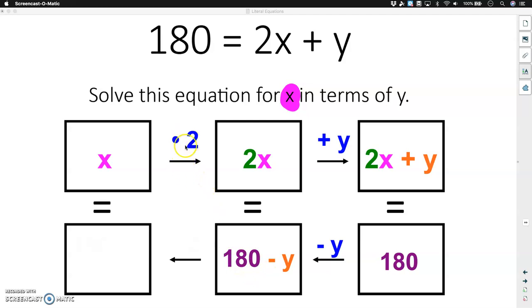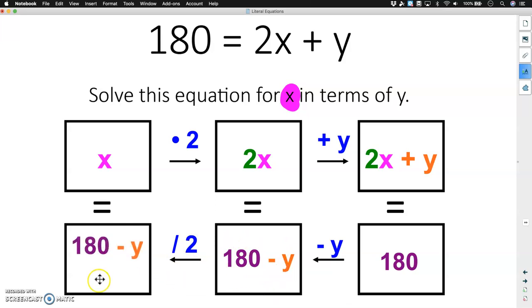The next operation we had to undo was multiplication by 2. We undo multiplication with division. So I'm going to divide everything from the previous box by 2. So the 180 minus y is divided by 2. This tells me once I've undone all of those operations, this last box on the bottom tells me what x is equal to. So x is equal to 180 minus y over 2.